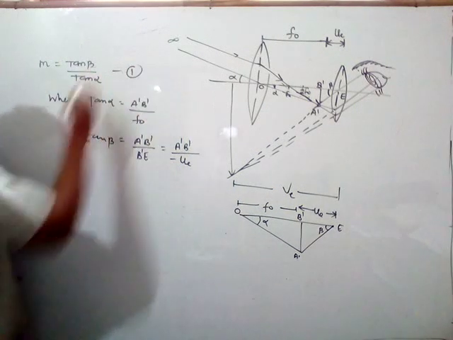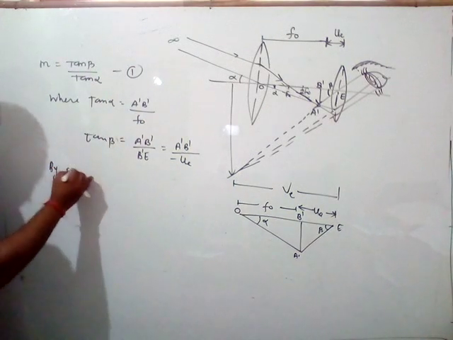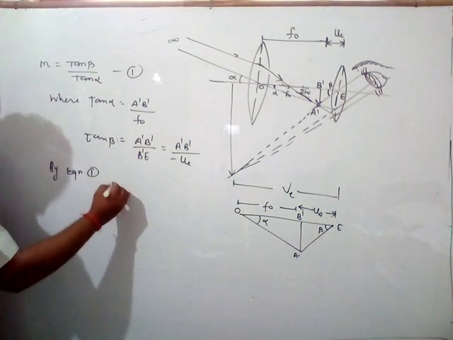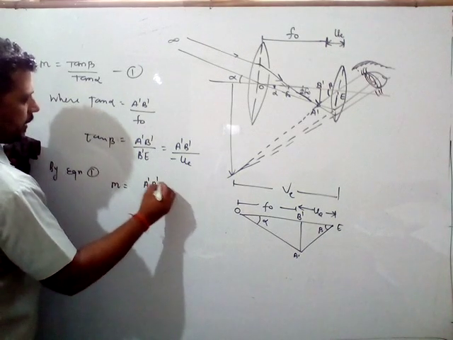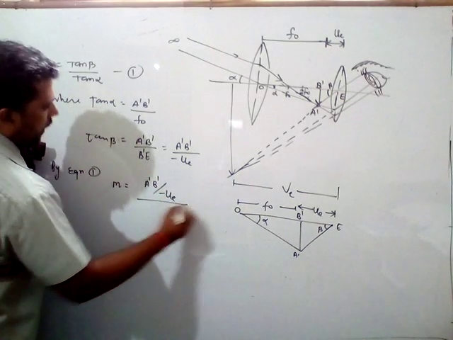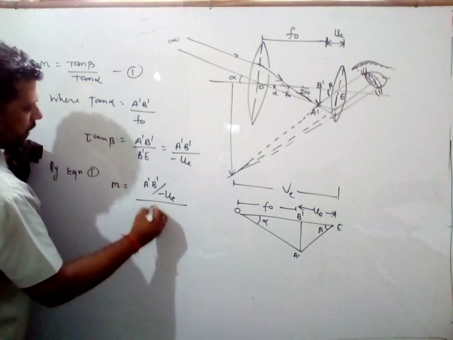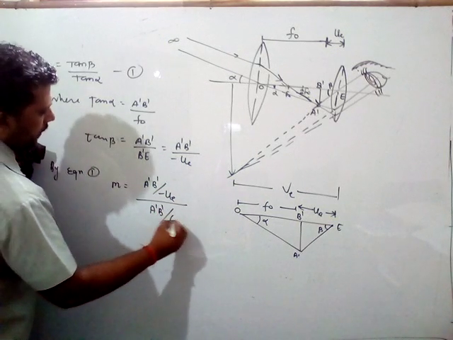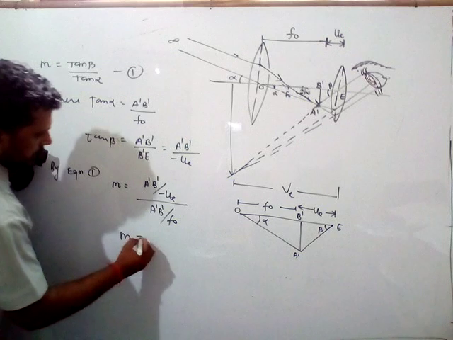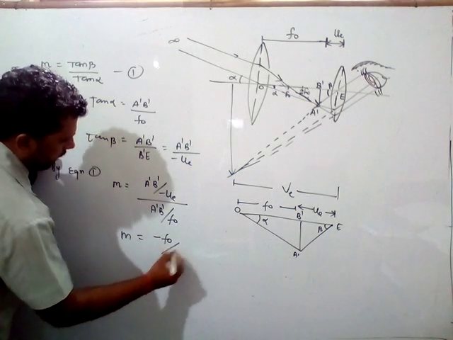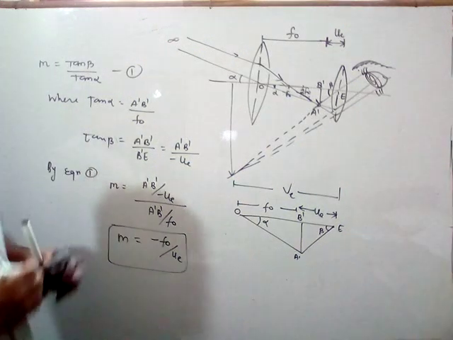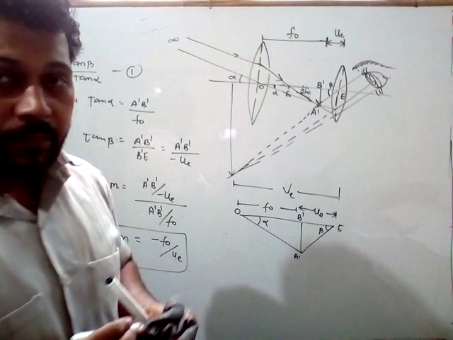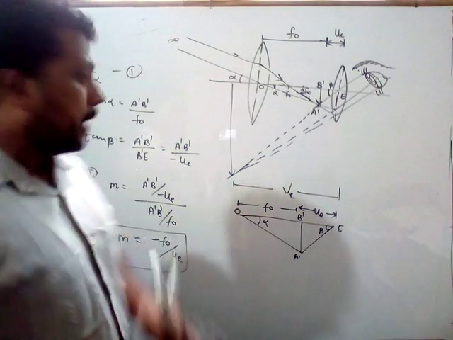Putting all these values in equation one, M is equal to tan beta, that is A'B' upon UE, upon tan alpha, A'B' upon FO. So M is equal to minus FO upon UE. So this is the magnifying power for a telescope.